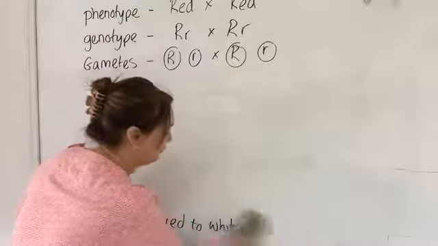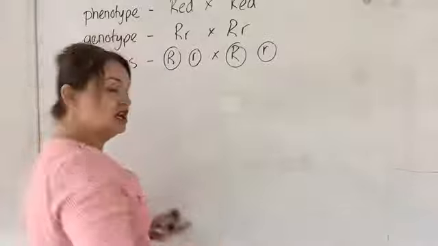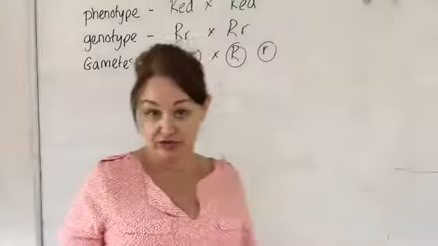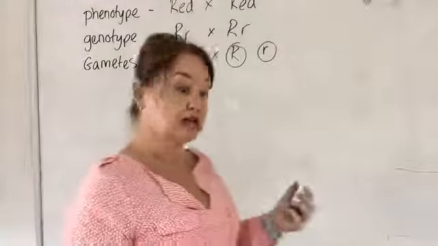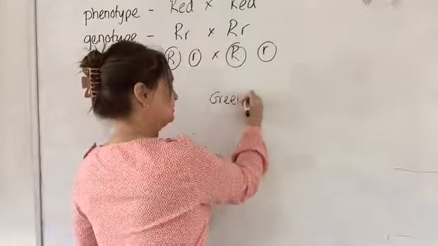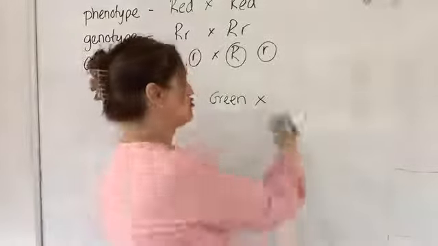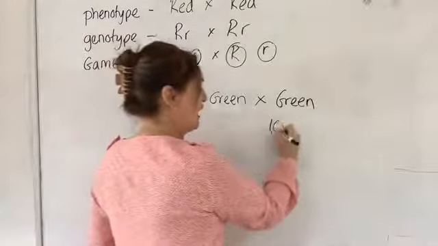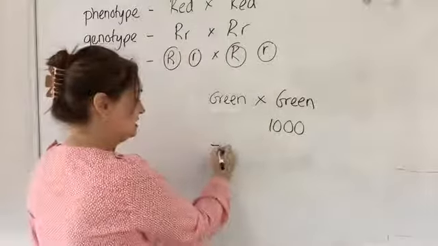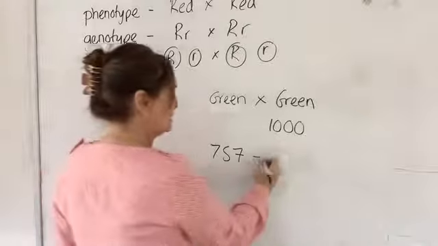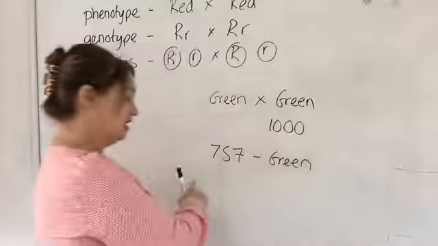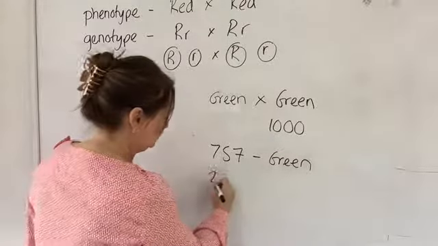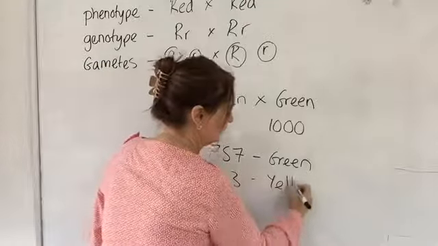It might tell you that a scientist was investigating pea plants, and there were yellow and there were green pea plants, and what he noticed was that when he took a green pea plant and crossed it with another green pea plant, when he used 1,000 seeds, 757 turned out to be green, but 243 turned out to be yellow.